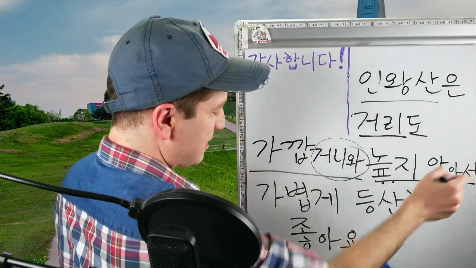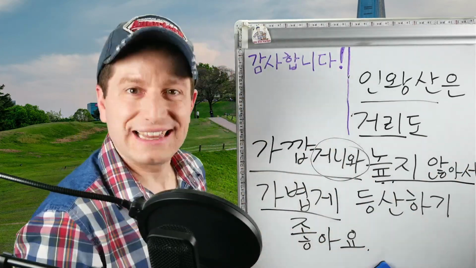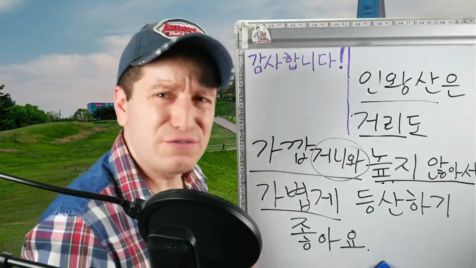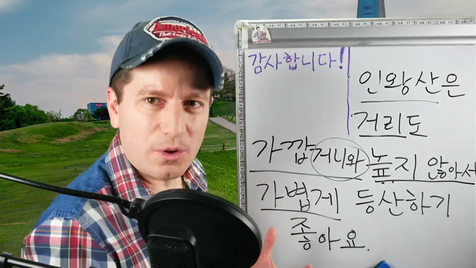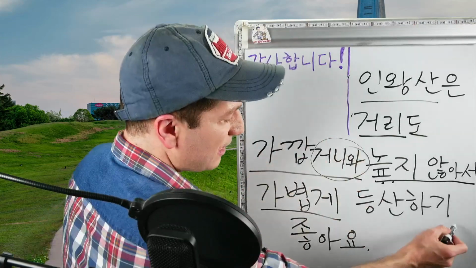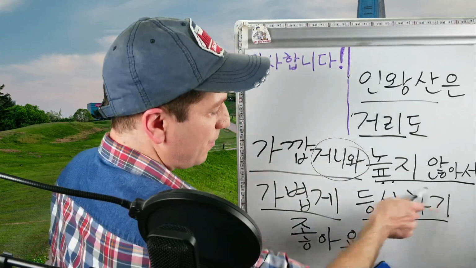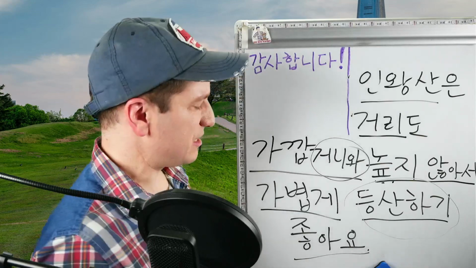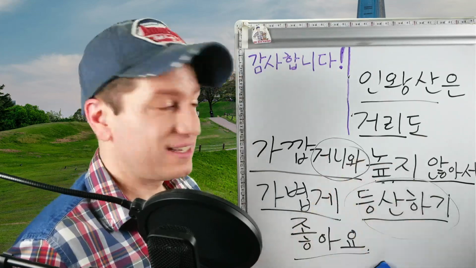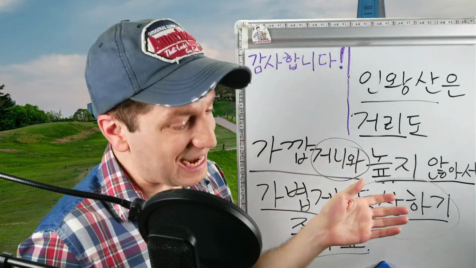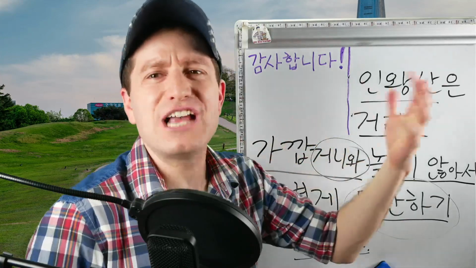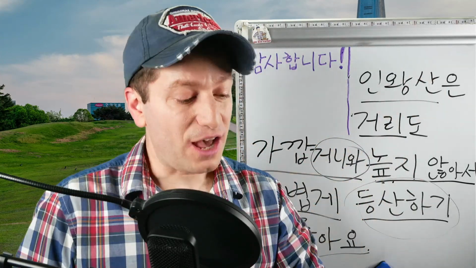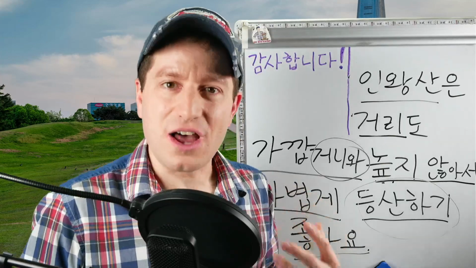Therefore, 않아서, because it's not high, 가볍게, lightly, as in not difficultly, not with too much trouble, just kind of casually. 등산하다 is hiking, so going up a mountain. 좋아요, so it's good for just a casual hike. So 인왕 Mountain is good for a light climb. It's good for a casual hike because not only is it close, but also it's not tall.